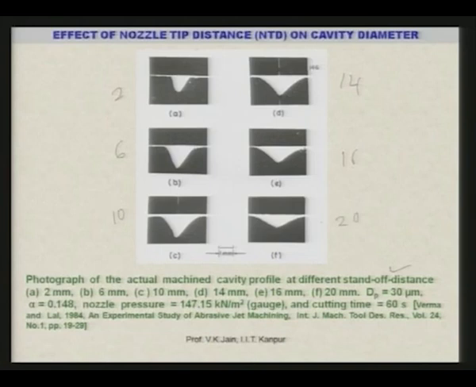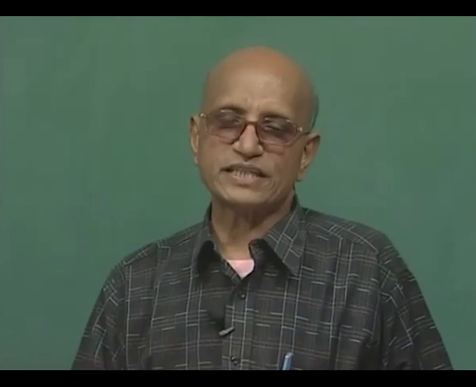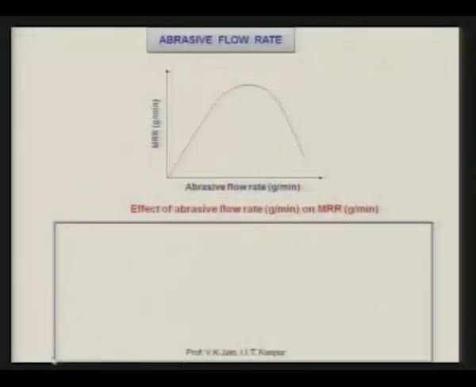Compare the width of the cavity in case of A and in case of F. There is a substantial difference in the shape and size of the cavity. So, as the stand off distance or nozzle tip distance keeps increasing, the shape and size of the cavity also keep changing. Now, let us see the effect of certain process parameters on the performance of abrasive jet machining.